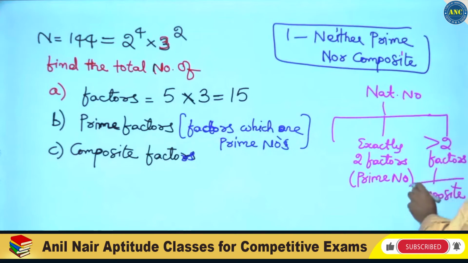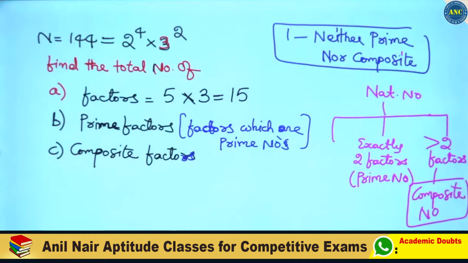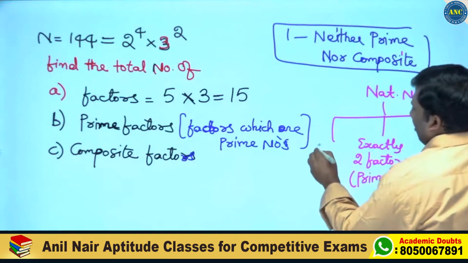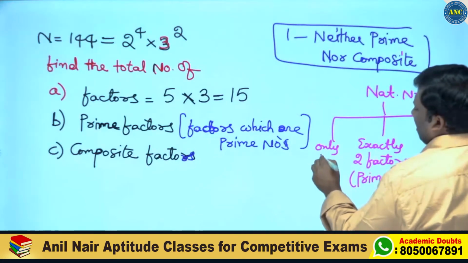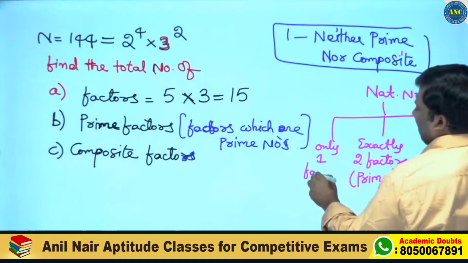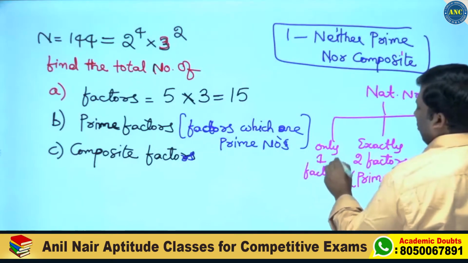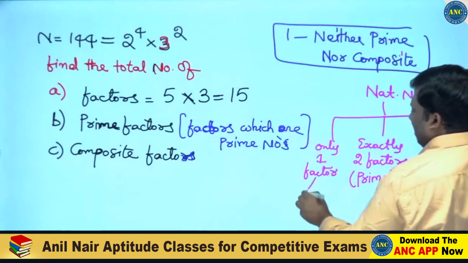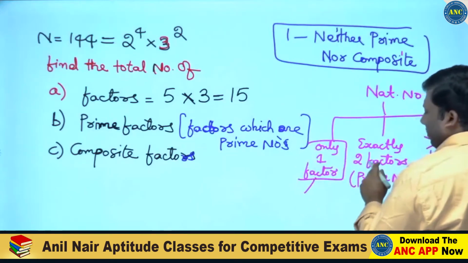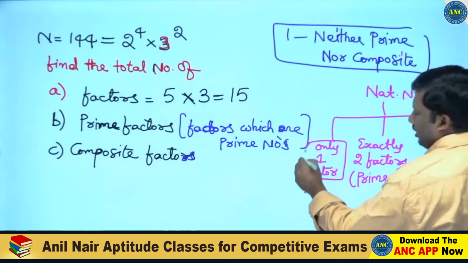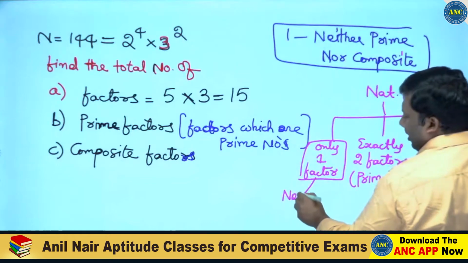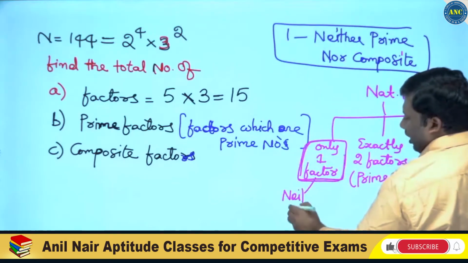If a number has got only 1 factor, then it is called neither a prime number nor a composite number. So 1 is neither prime nor composite.